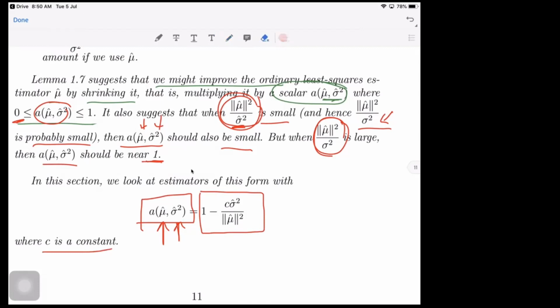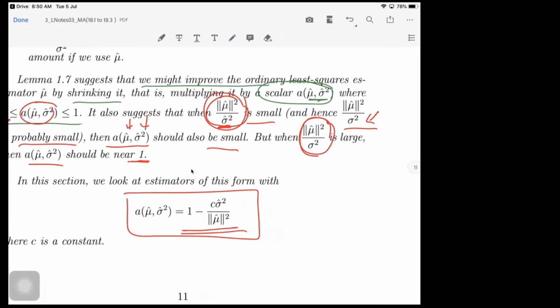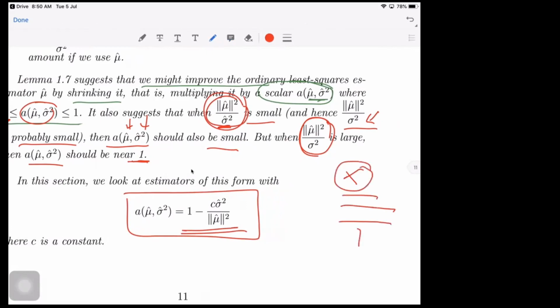This is not magic, they did not just guess it. Usually they manipulate the procedure first, look at the final answer and see what form X will take. They work in the proof using X and see in the final form what the form of A should be to have a minimum expected loss, the risk.